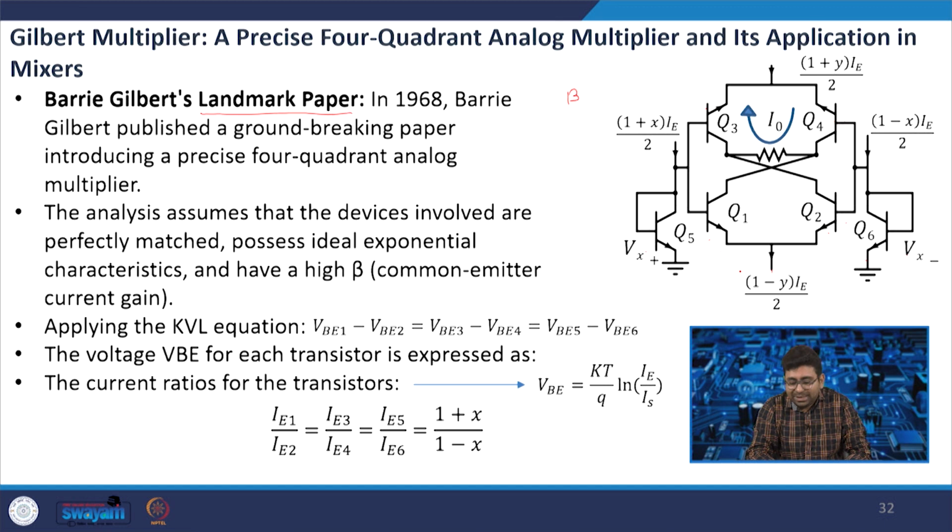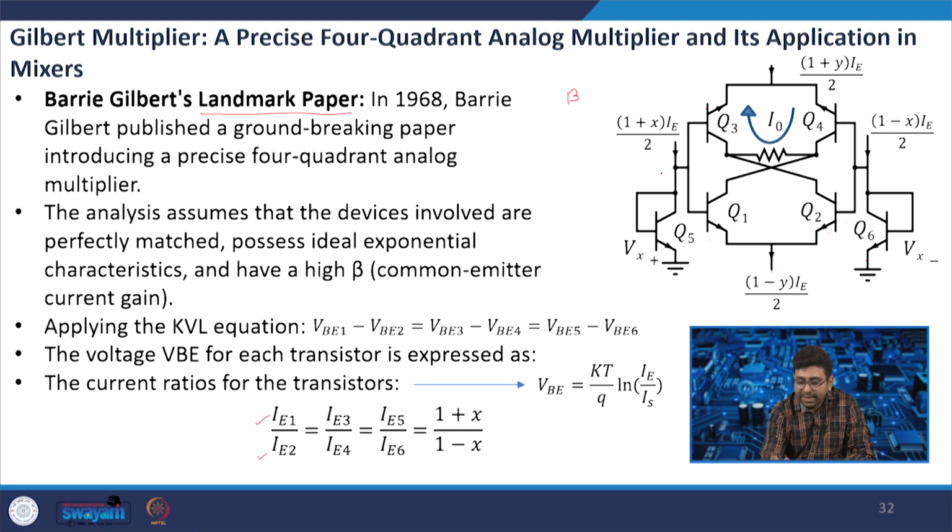So all are biased such that the base to emitter voltage differences remain the same. The voltage VBE for each transistor is expressed as VBE equal to kT by q ln of IE by IS. If IS is a constant, then we can write the ratio of the current IE1 by IE2.